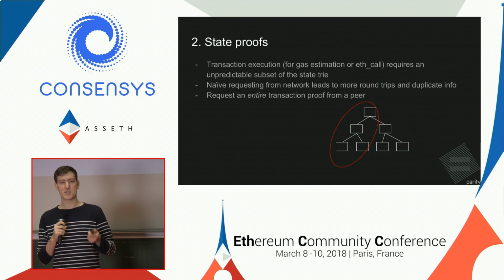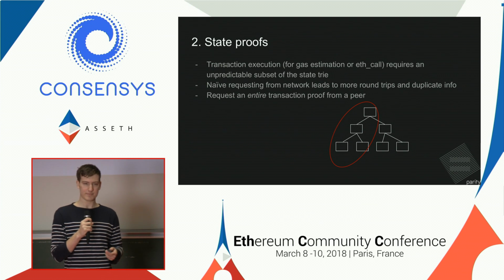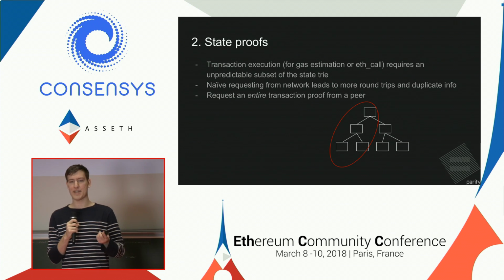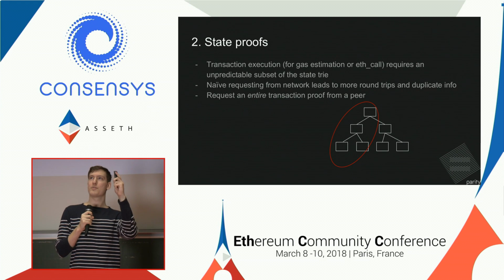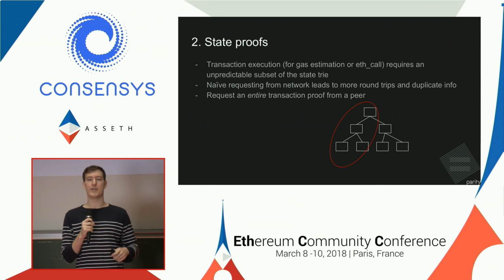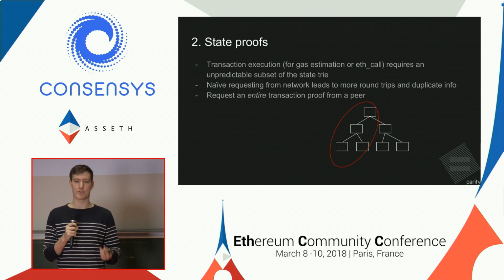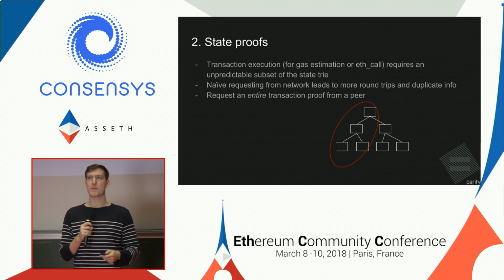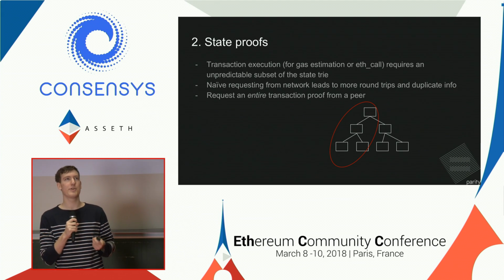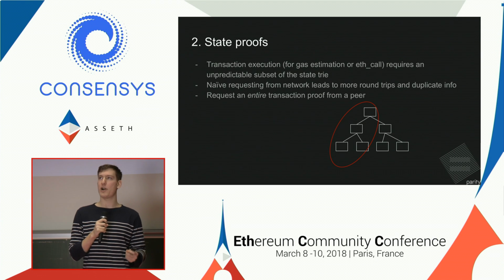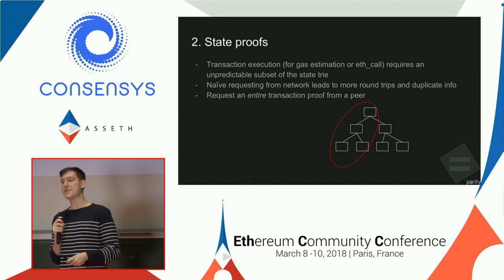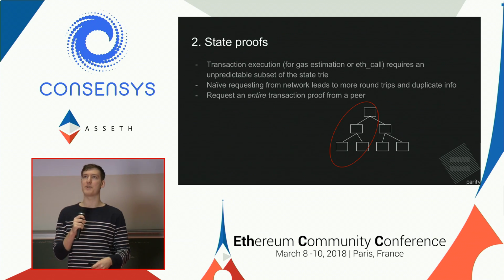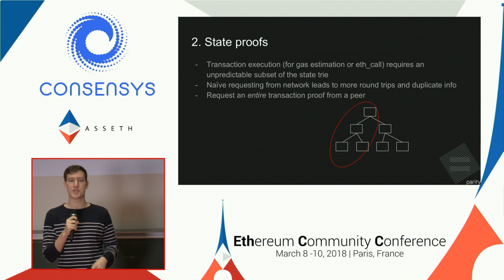So to speak a bit more about these state proofs, we have a state tree here, right? So that root of that tree, the very top node, is embedded into the block header through a cryptographic reference. And when we execute a Turing-complete smart contract, it's actually unpredictable which pieces of data we want to fetch from that state tree, because it requires execution of arbitrary code.